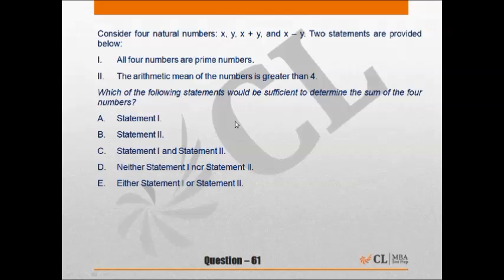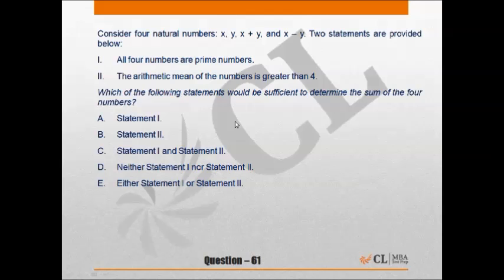In this problem, some basic info is given and it is followed by two statements, and after that we have to answer a question. Here the basic info is that x, y, x plus y, x minus y are four natural numbers, and we have to determine the sum of these four numbers.